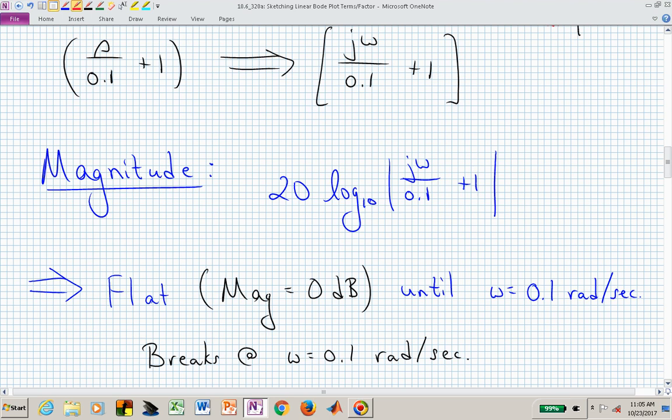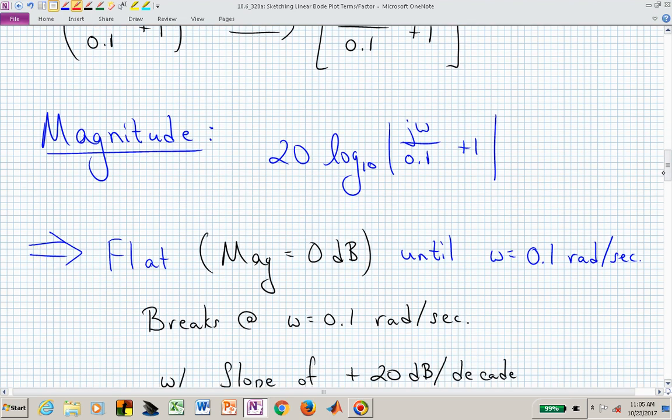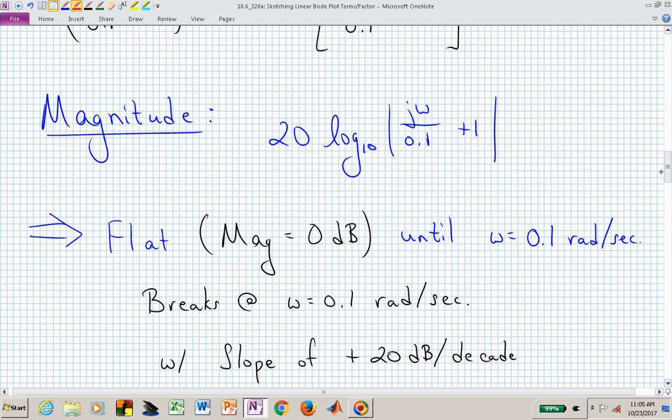So let's now start considering this. Now we break at omega equal to 0.1 at the zero location, and since it's just a single factor, we are going to be changing as a function of frequency, and we're going to have a slope. Because it's upstairs, because it's a zero factor, we're going to be sloping up at 20 dB per decade.